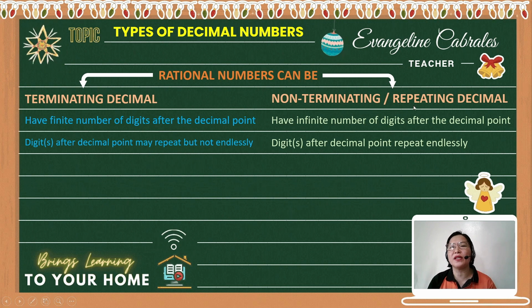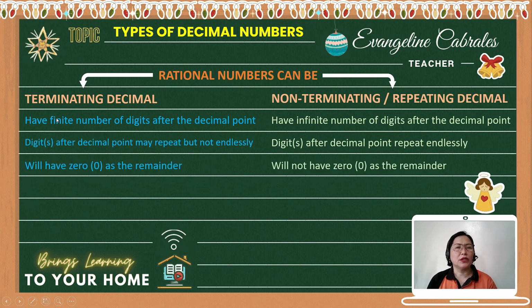Samantalang, ang non-terminating or repeating decimal ay may digit o digits after decimal point that repeat endlessly. Umuulit siya ng walang katapusan. Okay? Umuulit ng digits after decimal point that repeat endlessly.